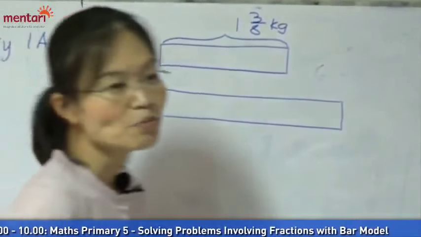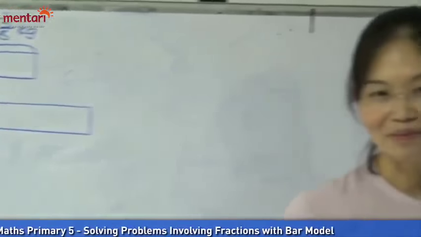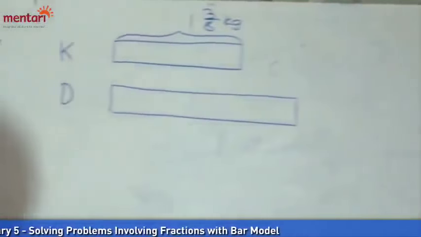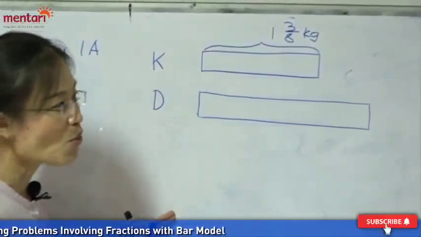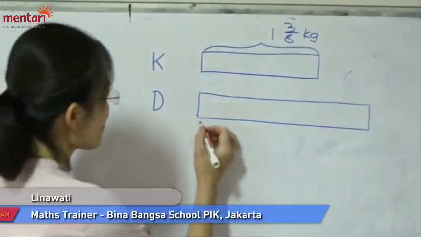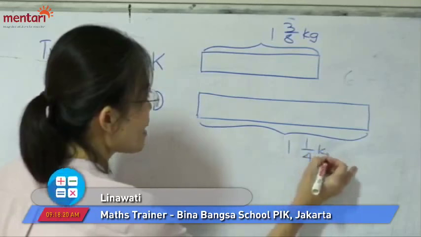So now where do we put the 1 and 1/4 kilogram less than? Is it here? Did Diana use 1 and 1/4 kilogram of flour? Is it here? 1 and 1/4 kilogram less than?